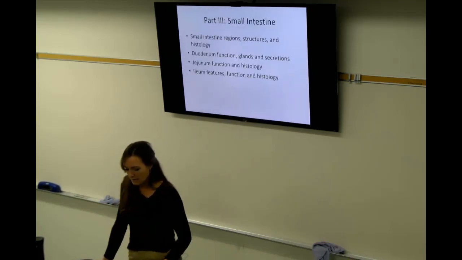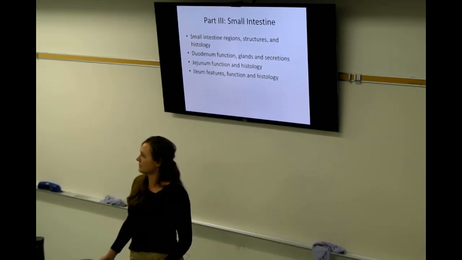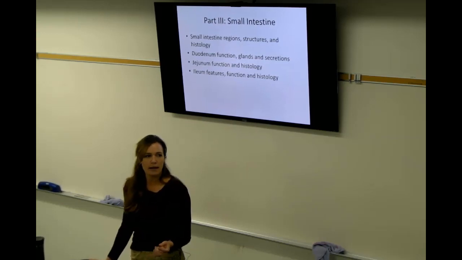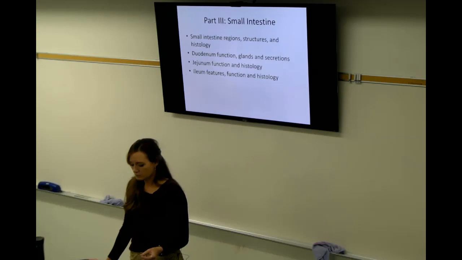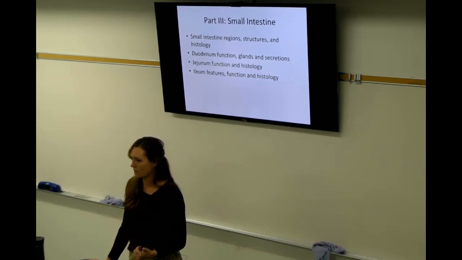Small intestine. The 3 regions of the small intestine are the duodenum, jejunum, and ileum. The duodenum secretes bicarbonate. The duodenum receives bile from the gallbladder.